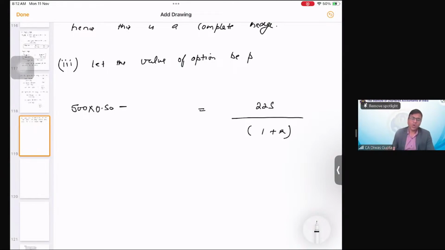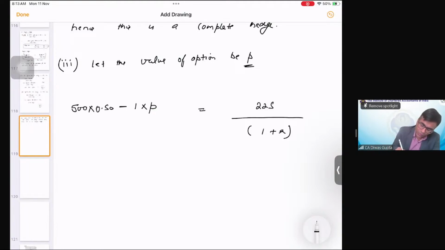And if I write a call option, I will receive premium or I will have to pay premium? Sir, I will receive premium. Yes, I will receive premium. So for one share, I will receive P, right? Which is what we have assumed. And this is minus, right?